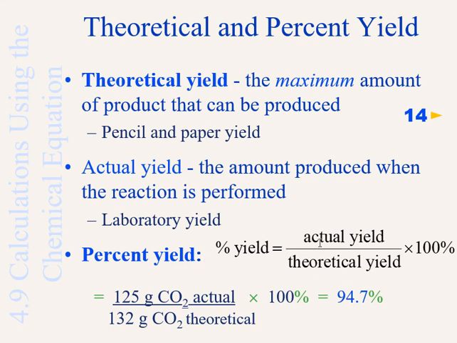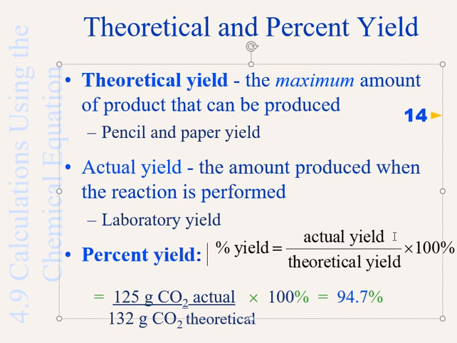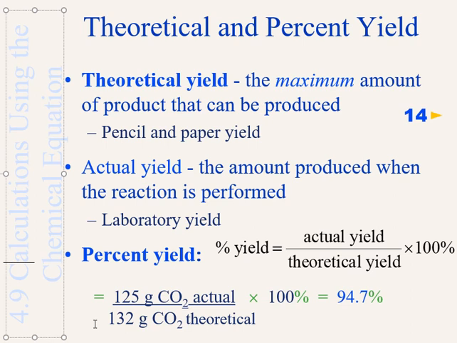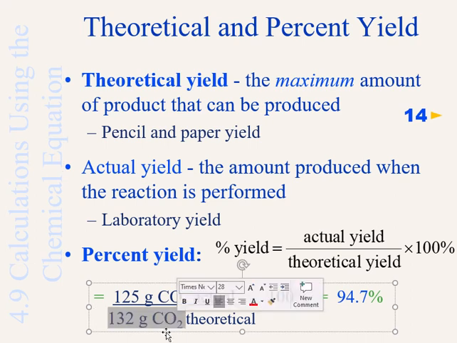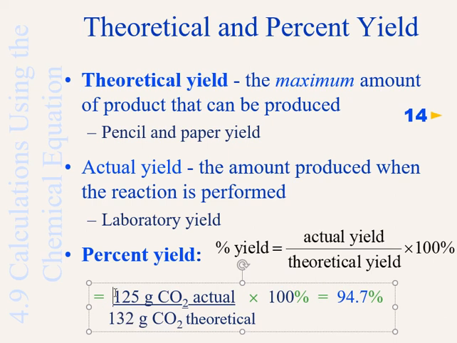Percent yield is calculated by dividing the actual yield by the theoretical yield and multiplying it by 100. For example, if a reaction's theoretical yield was 132 grams, while the actual yield was 125 grams, 125 grams divided by 132 times 100 tells you that you had a percent yield of 94.7%.